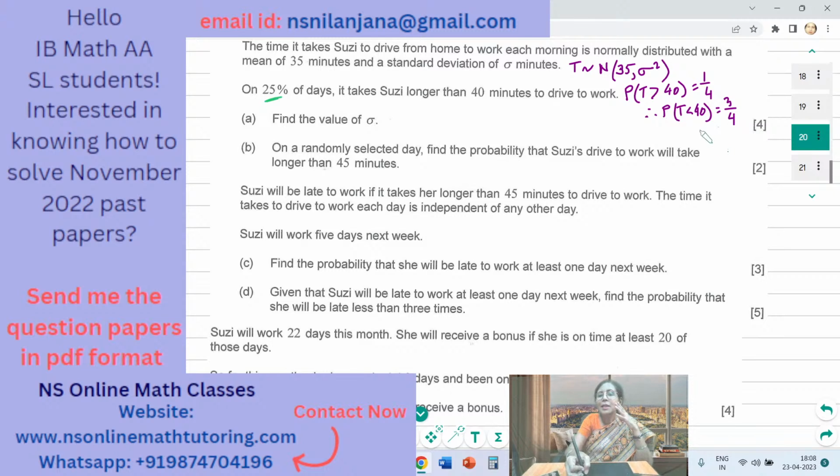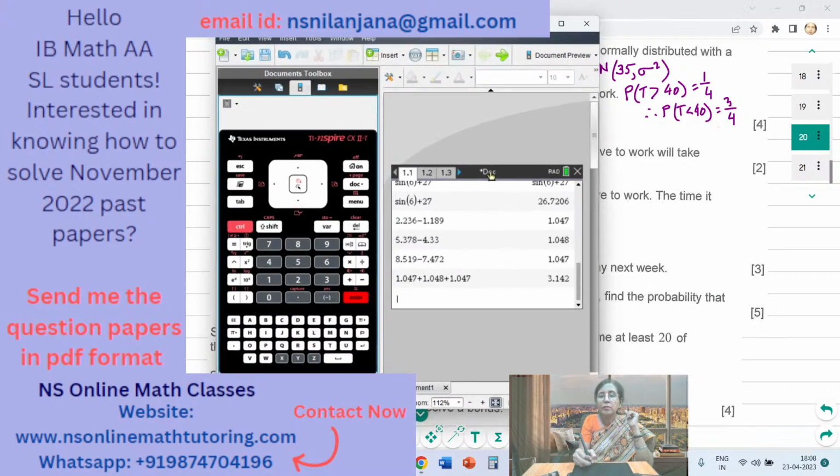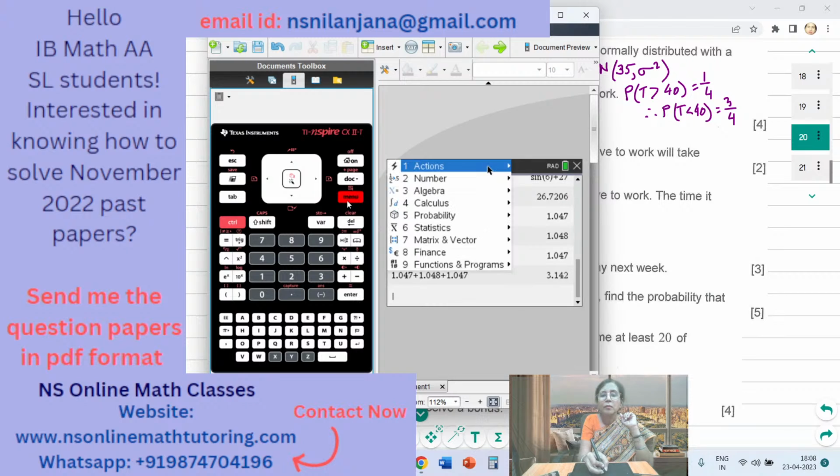Since sigma is unknown, we have to find sigma. So we will be taking the standardized normal distribution variable, which has mean 0 and standard deviation 1. First of all, let us get the standardized normal distribution value using the inverse normal. In the menu, you can take probability or statistics.